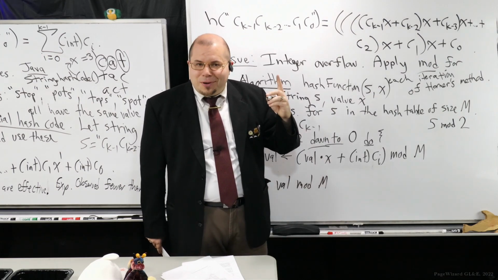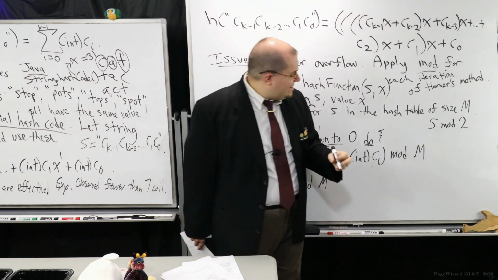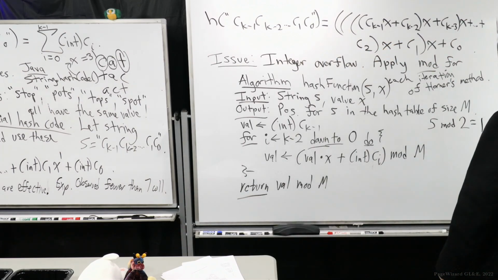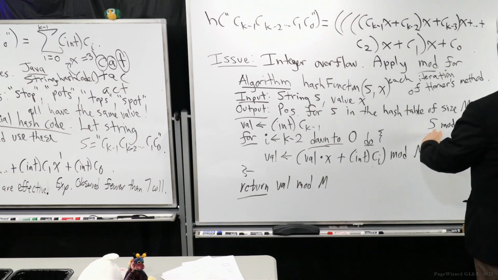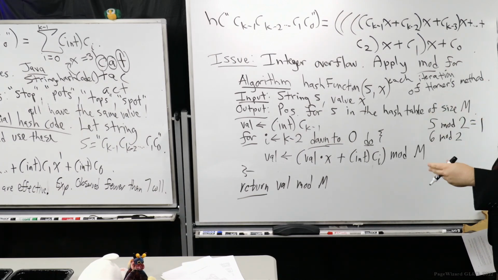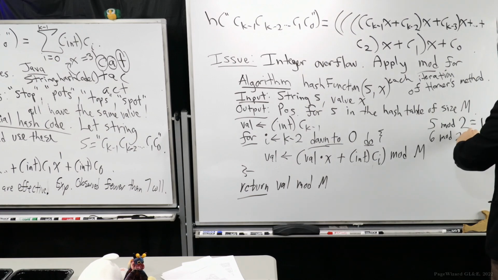You end up with a remainder of 1, right? But notice how this behaves. If I ask this same question for 6 mod 2, 6 divided by 2 is cleanly divided, it ends up being 3, but its remainder is 0.